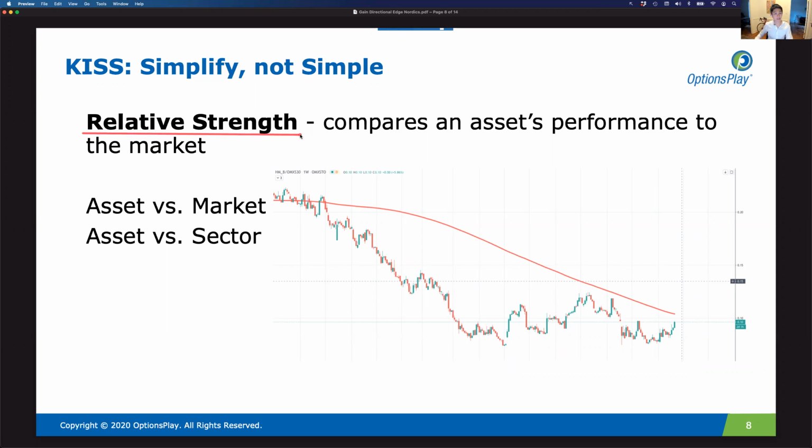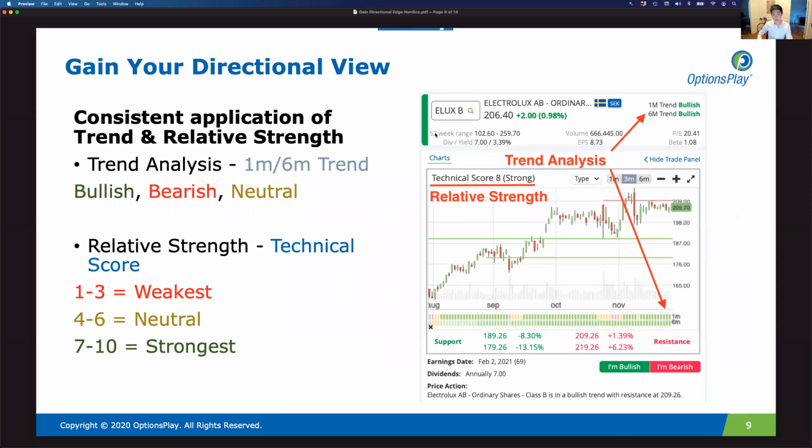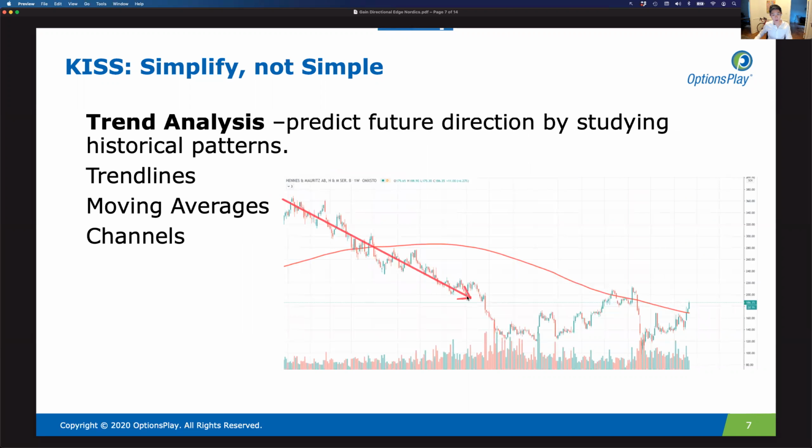Relative strength gives us an idea as far as how the asset is performing against the overall market, because sometimes H&M could be in a long-term downtrend, and let's just say in this particular case, H&M was roughly around 360. It declined all the way down to about 120 or so. So this is roughly about a 66% decline over these multiple years, when it went from 360 crowns down to 120 crowns, right? About a 66% decline.